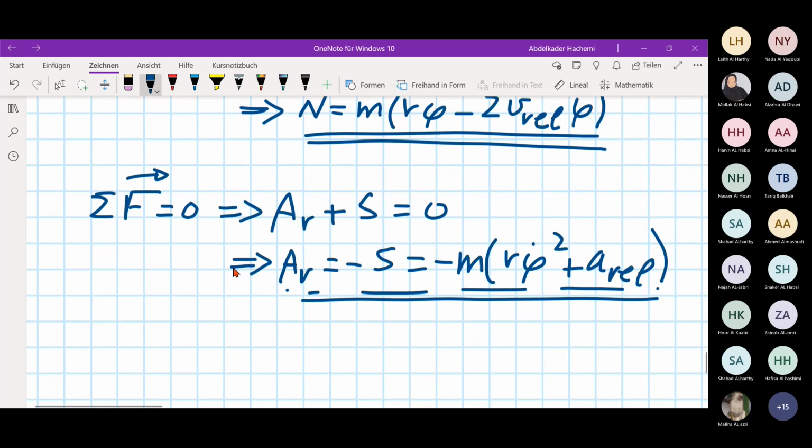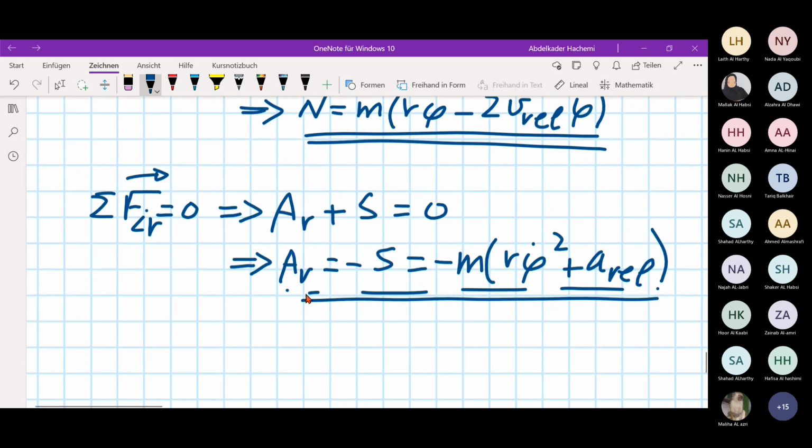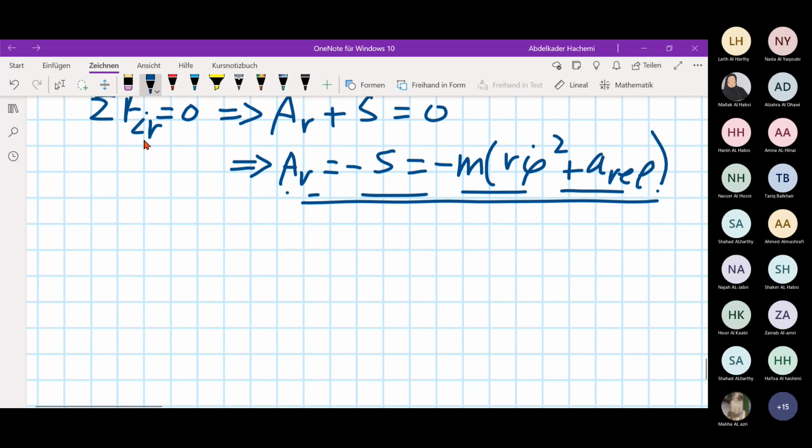This is one part. Now I wrote this one to make clear in which direction AR, I make the sum of AR, to make a distinction between this one for the mass M and for the whole system now.